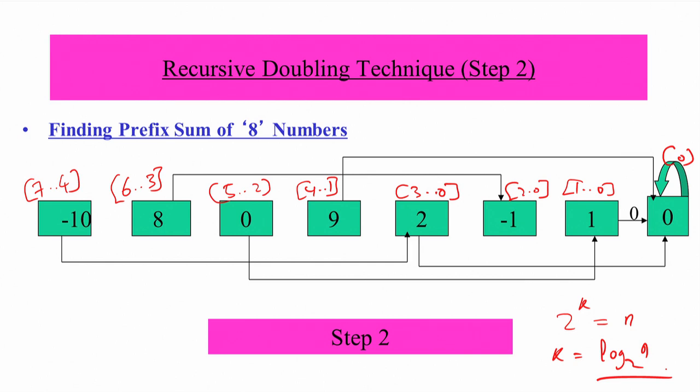So every step is done in 1 unit of time. There are 7 processors, and each processor concurrently, in parallel, goes and adds what I am pointing to, and then makes my pointer the pointer of pointer. Are you able to follow? So in log n steps I will be in a position to finish off this prefix sum.